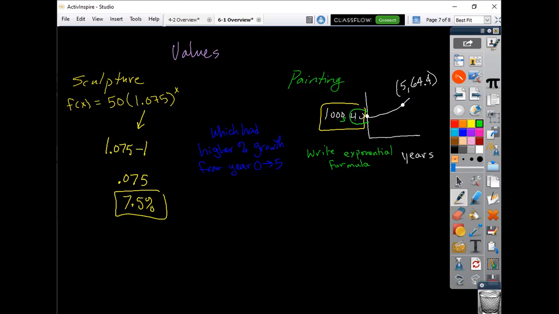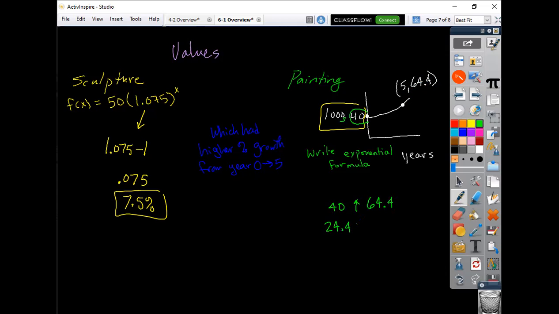So this represents 40,000, that's 64.4 thousand. So how much did that go up? So that went up from 40 up to 64.4. So it increased by a value of like 24.4. But for how many years was that?